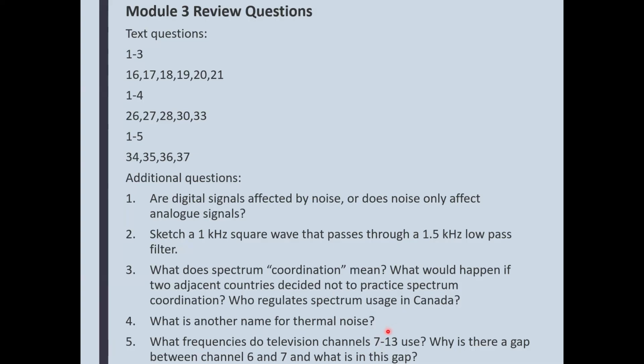Not really a hint, but something you should know: 6 megahertz is the bandwidth for each channel. Each channel takes 6 megahertz of space, and within that 6 megahertz there are different carriers.